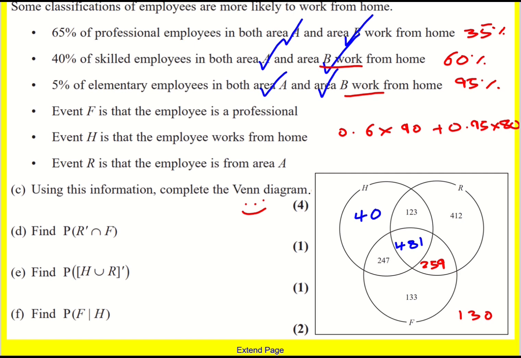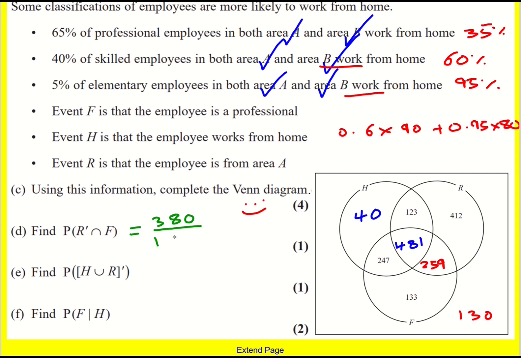Now we've got these probabilities. The probability of the intersection of not R and F. So not R is going to be everything that's not in R. So it's going to be these four, but it's also got to be an F. So it's going to be these two. So just add those two together. This gives 380.